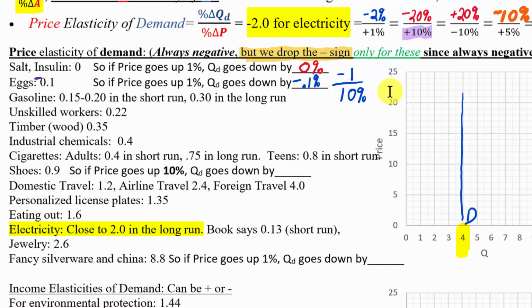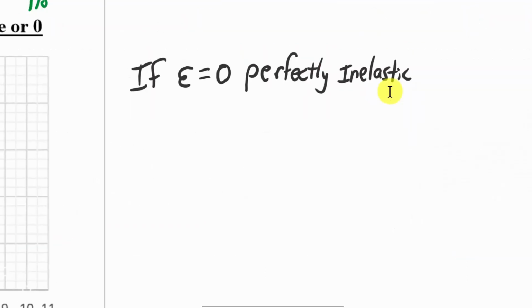We've been talking about perfectly inelastic. We said eggs are inelastic. Let's go ahead and tackle the idea of at what point do we call something elastic or responsive? Any elasticity, if the absolute value, so when we talk about something being responsive or unresponsive, elastic or inelastic, we're not talking about the sign, we're just talking about does it move?